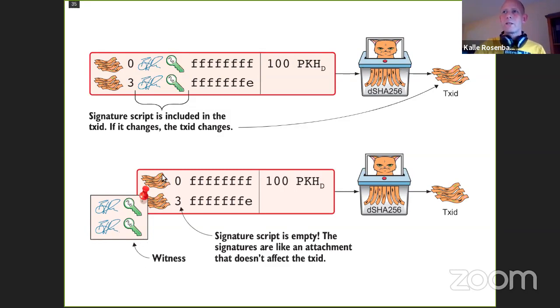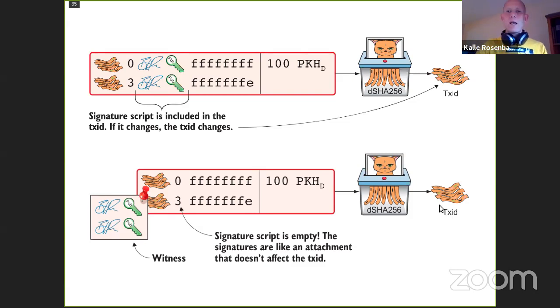The transaction without the witness is called the base transaction. When we rip out the data from the signature scripts and put it in the witness, the signature scripts become empty. And now if you hash the base transaction, you will get a transaction ID.